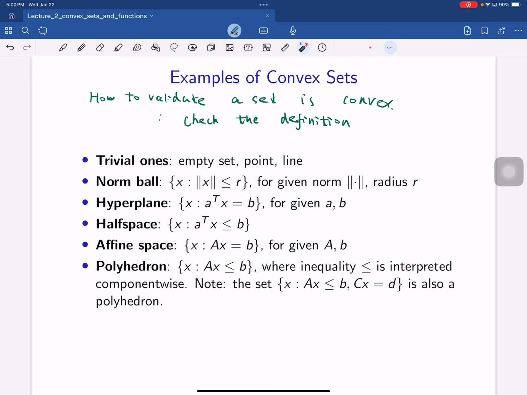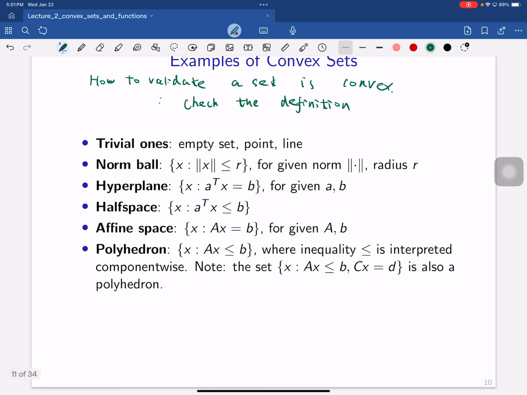We will be using these properties; actually, we probably only need 1 or 2 of them to show a norm ball is a convex set. By definition, what we need to do is pick any arbitrary points x and y in the set, where the norm of x is less than or equal to r.